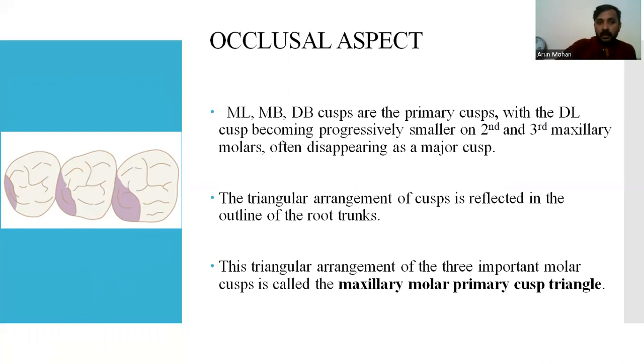The triangular arrangement of these cusps reflects the outline of the root trunk, with one lingual root and two buccal.